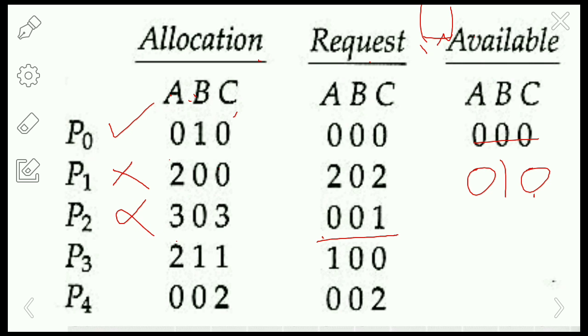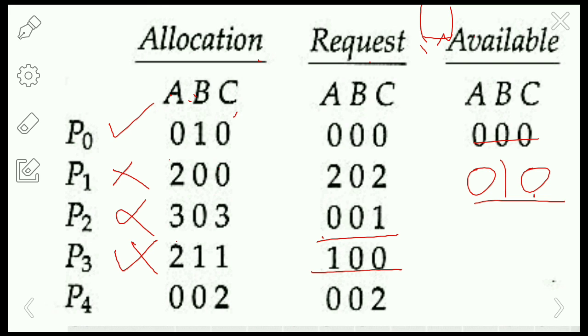Now we check process P3. Finish of P3 equals false, meaning P3 has not executed. Then the request must be less than or equal to work in the given algorithm, but it is not satisfied. Then we take the next process, P4.